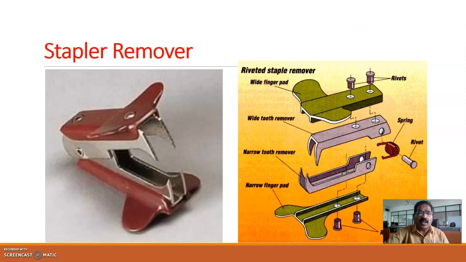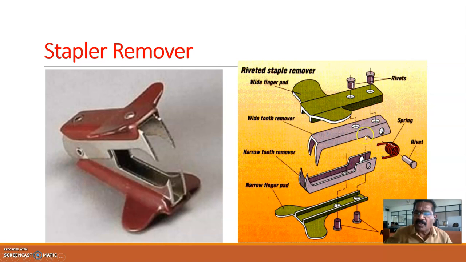Now, this is how the staple remover looks. When I try to disassemble it, study it and bring it down, this is how the view is going to look. The finger pad. The rivets are there. Why are these rivets required?